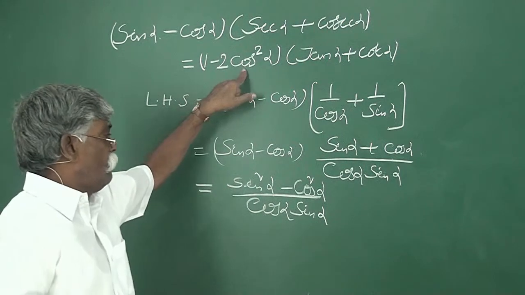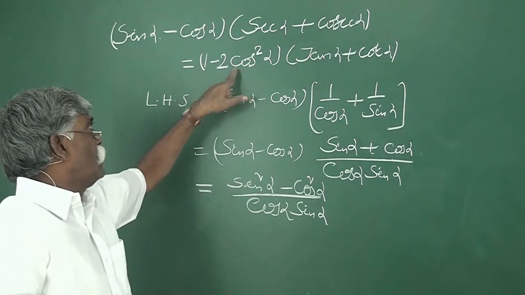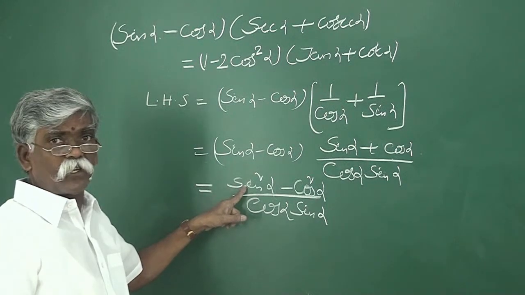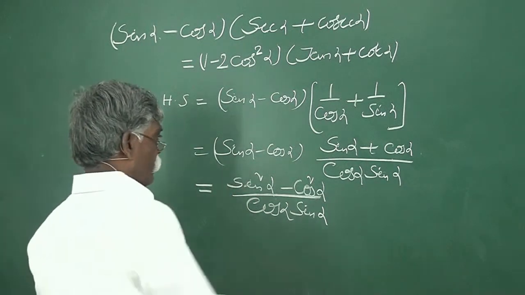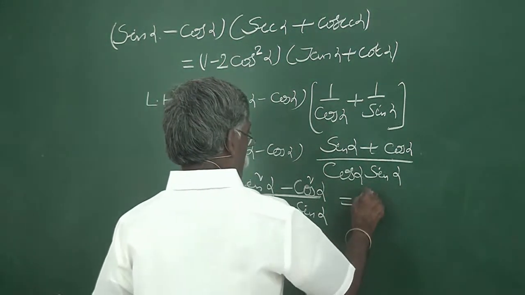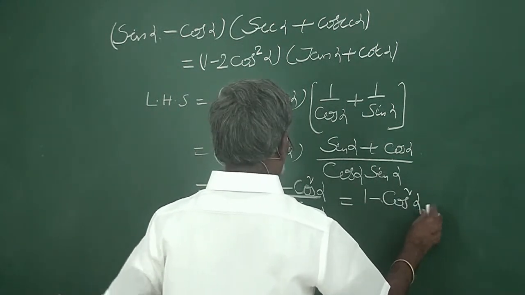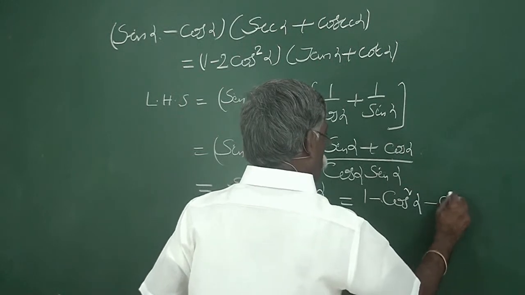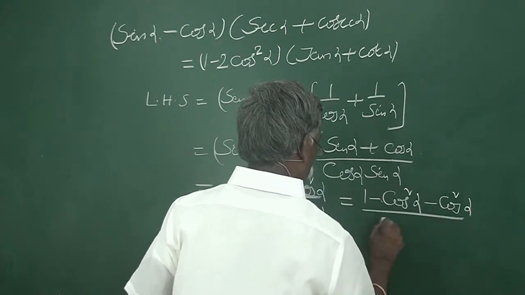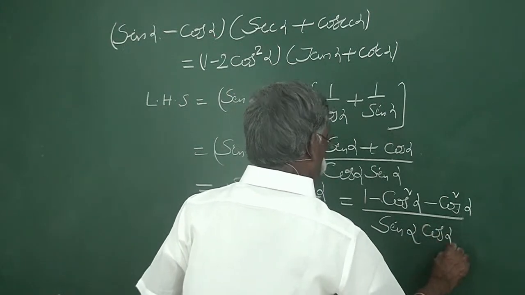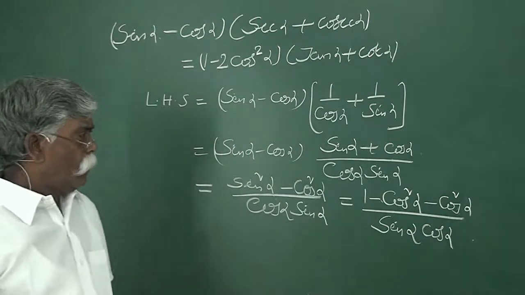Here if we observe, the first part is in terms of cos, therefore let us convert the sin square alpha into 1 minus cos square alpha. So thereby this is (1 minus cos square alpha minus cos square alpha) by (sin alpha into cos alpha).